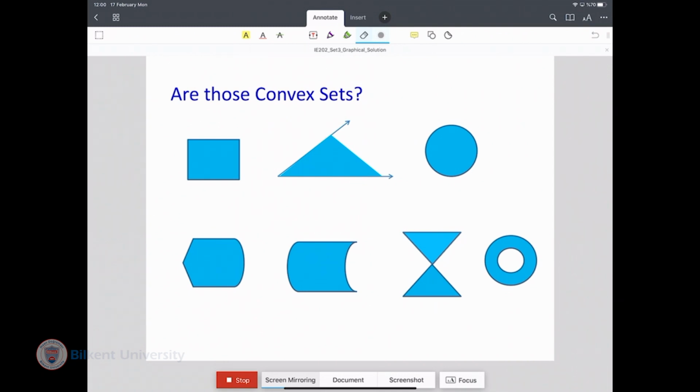How about the one next to that? It's not, because if you pick the 2 endpoints towards the ends of these, you're not in the set anymore, right? The 1, 2, 3, 4, 5, 6, and 7, are they convex? No, because if you draw the lines, they're not always in the set.